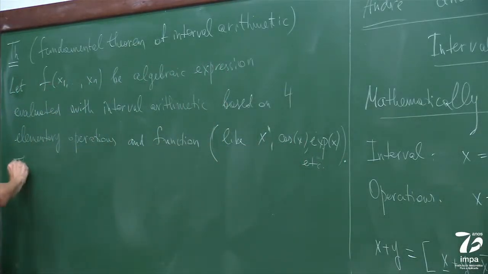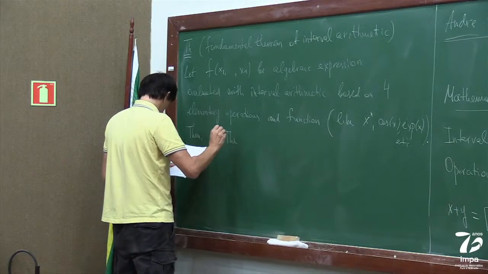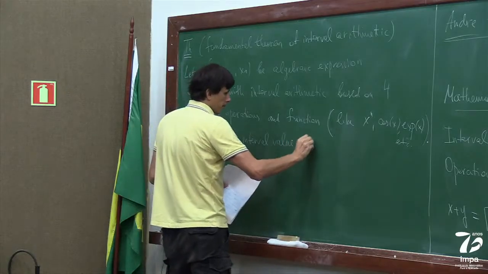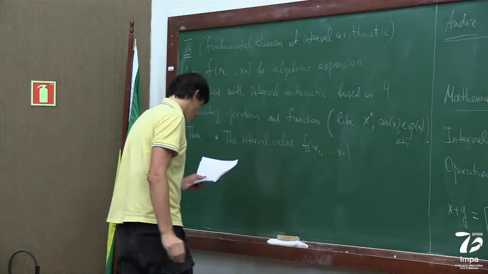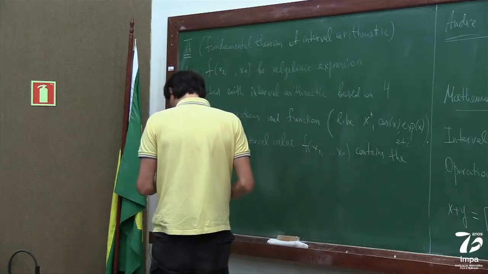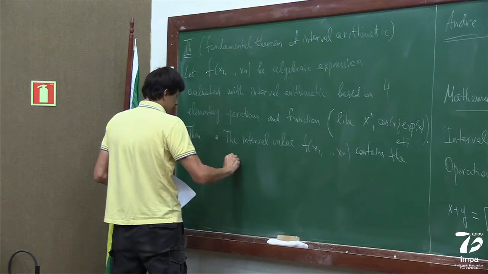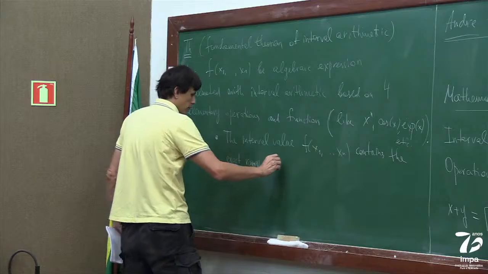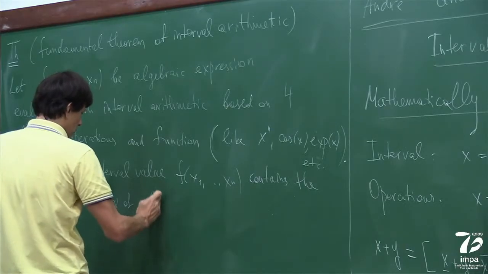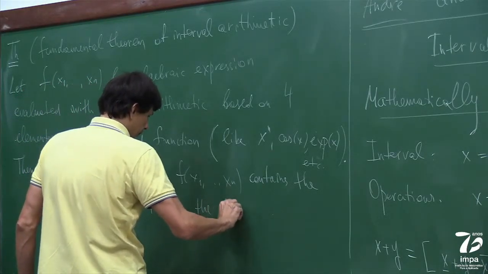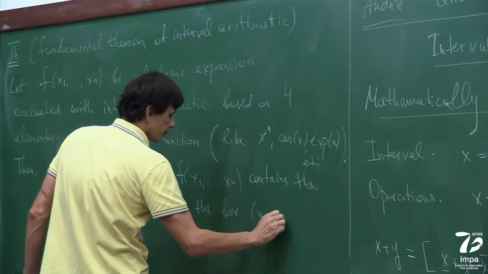Then what do we have? So first is that the interval value that you obtain contains the exact range of f over the box x1, ..., xn.